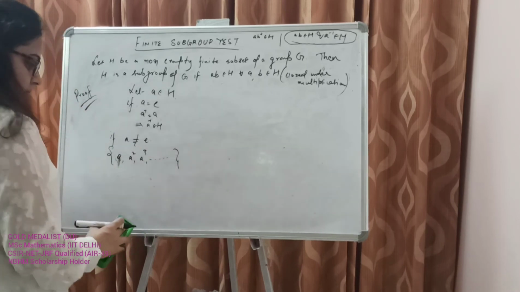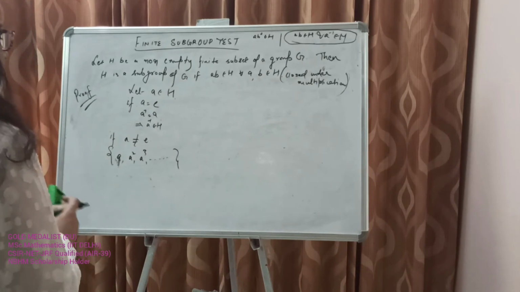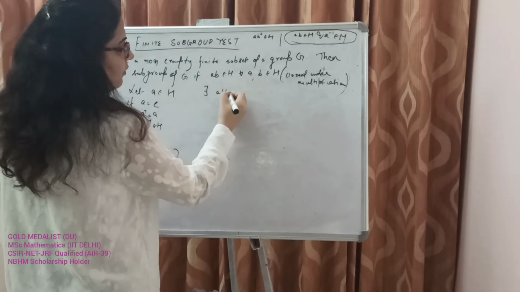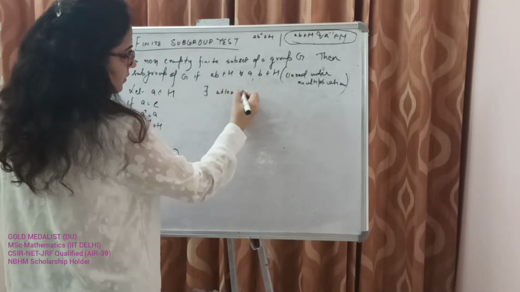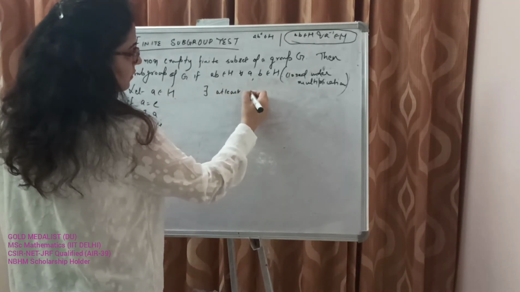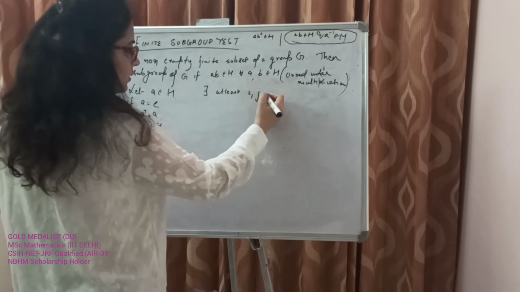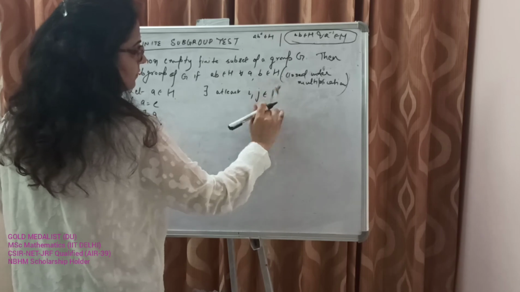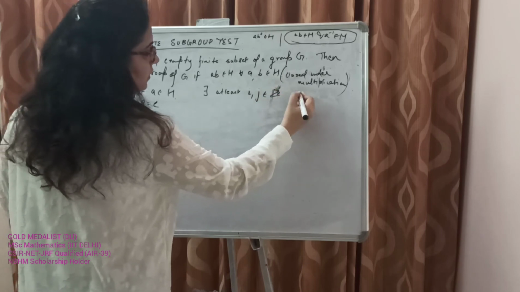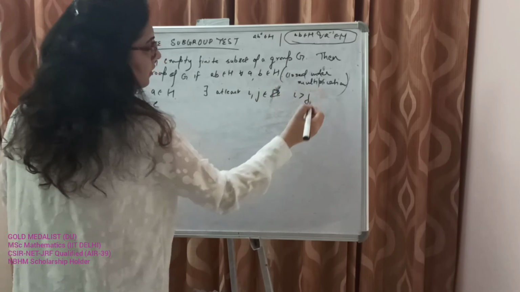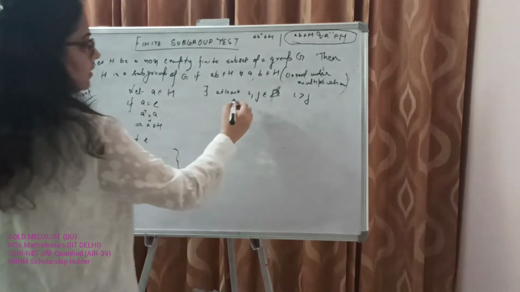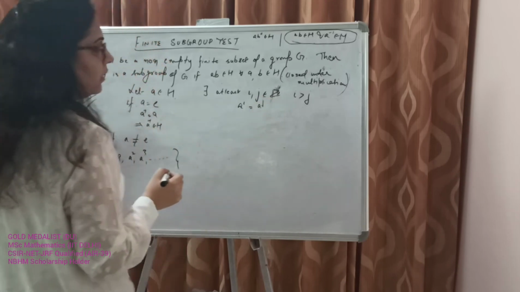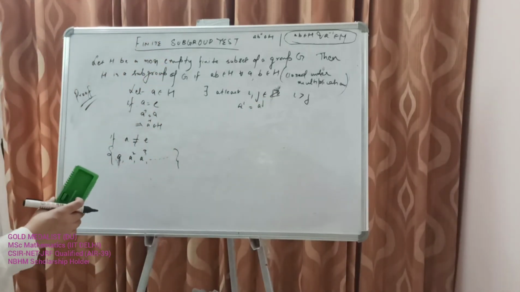So there exists at least one pair of numbers, such that A power I equals A power j. Why? Because H is finite.